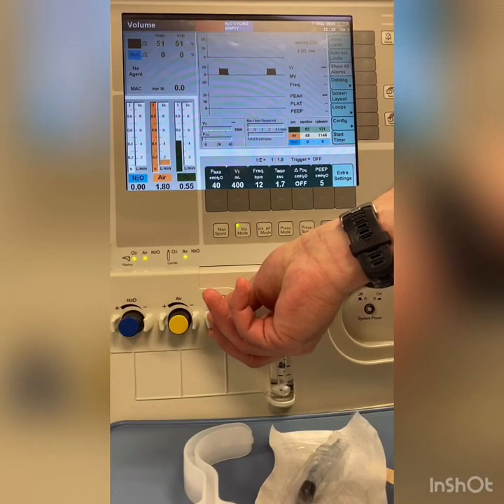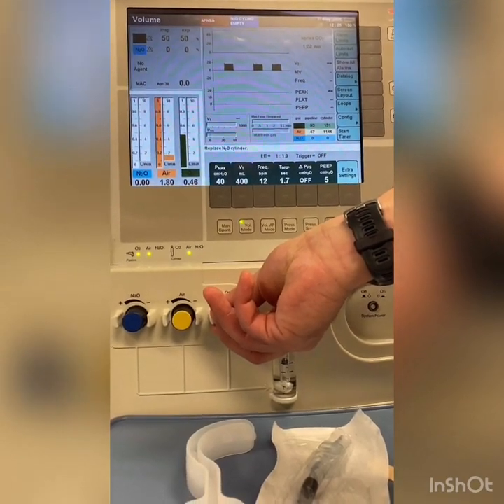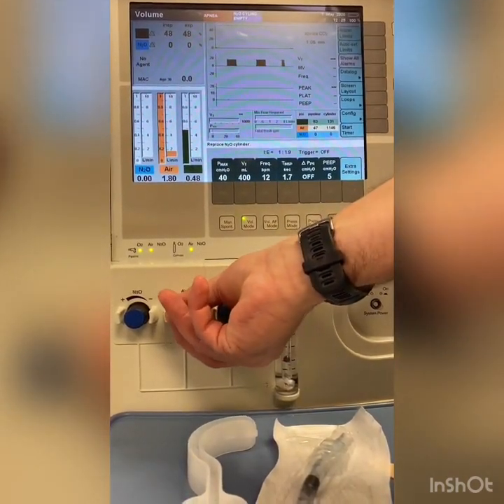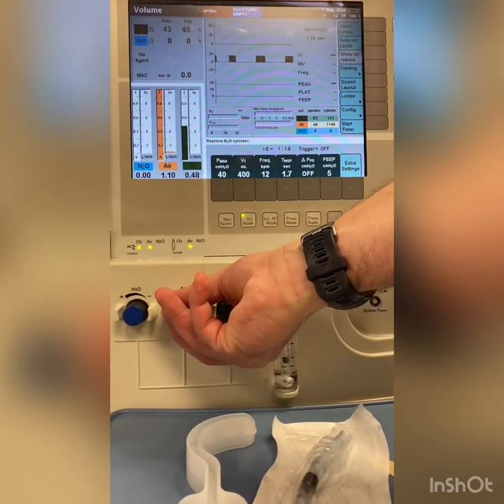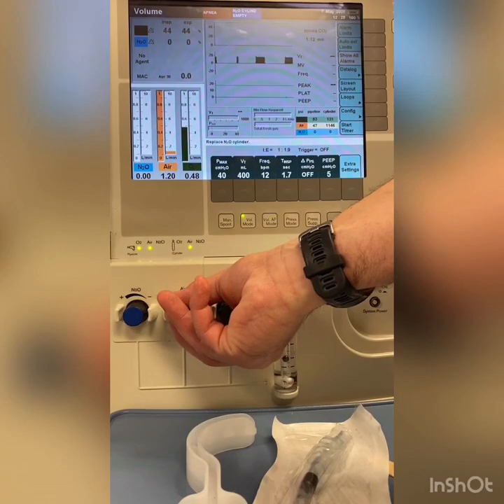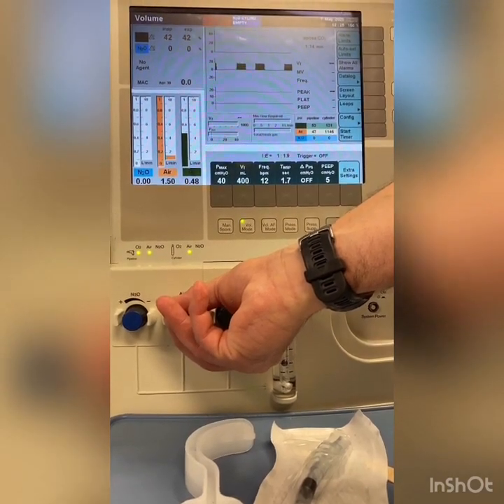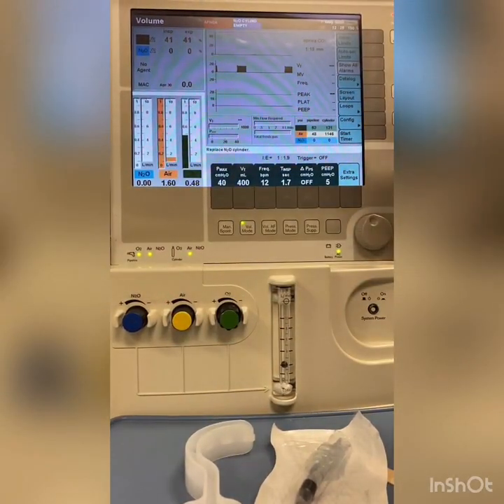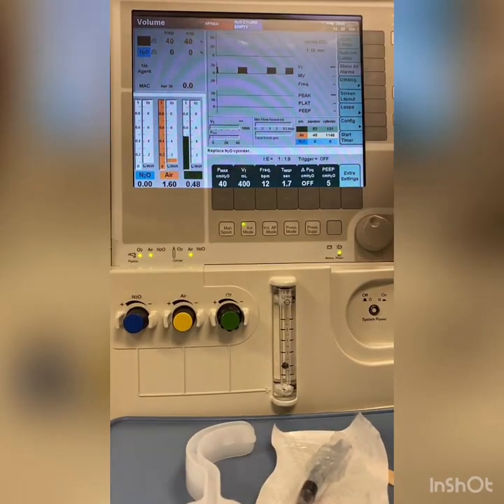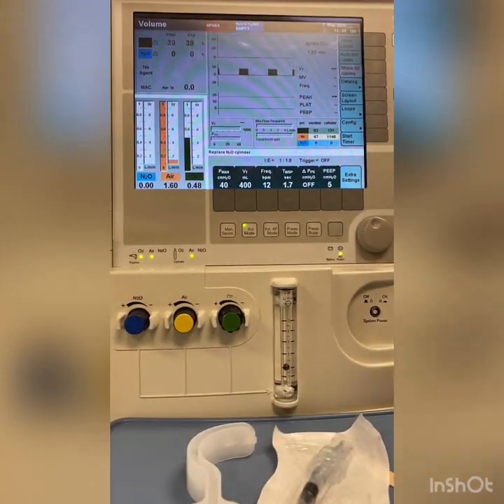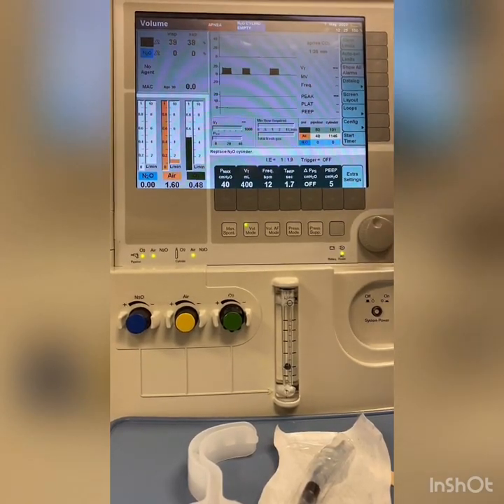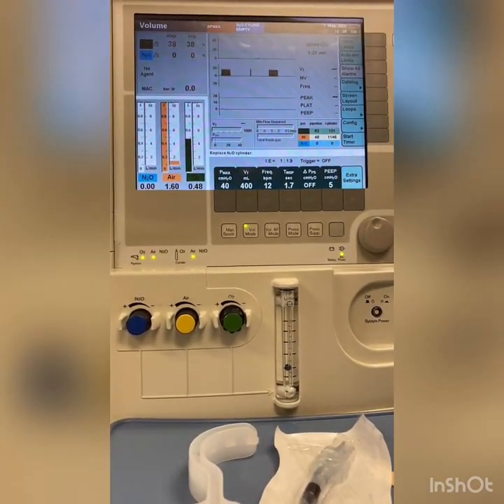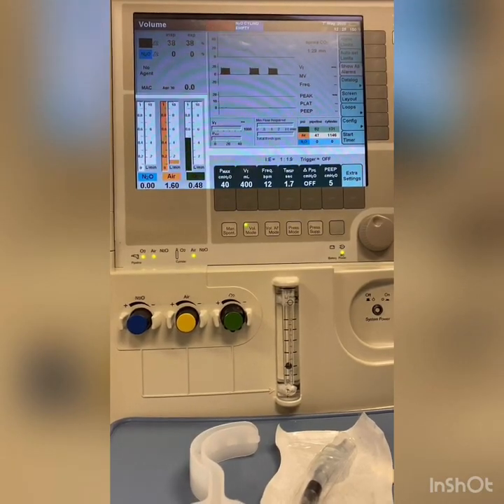If I give, let's say 0.5, somewhere in there, let's decrease this by 0.5. Okay, keeping my flows to where I want. And again, we're going to base it on the pulse ox. I don't need, here's 40% oxygen. I don't want 40% oxygen. 30% oxygen or less, unless they're showing you by the pulse ox that you need more.